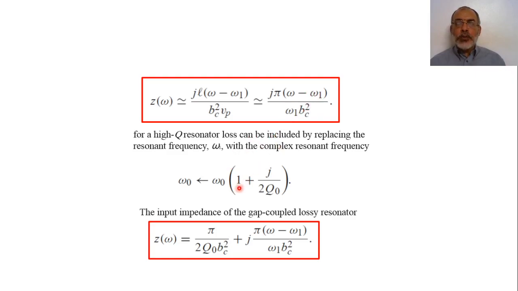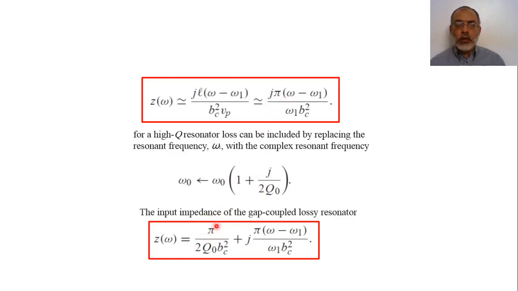The second term would be j omega 1 over 2Q naught, multiplied by minus j, and this would be eliminated with omega 1. So j multiplied by minus j would be unity.